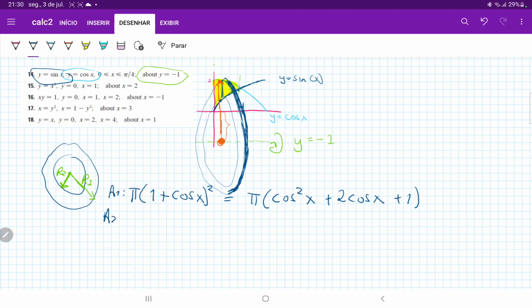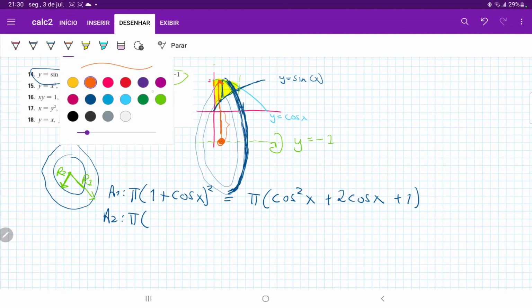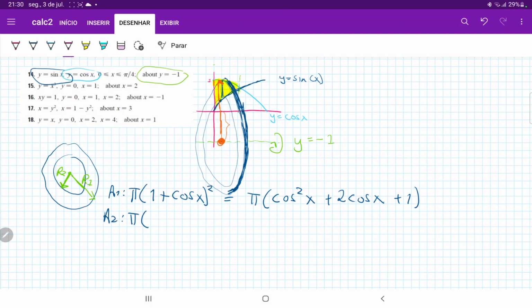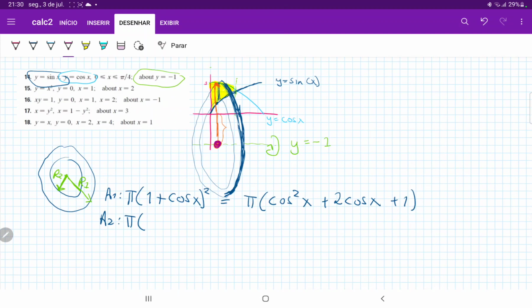And now we have A2, which is once more pi r squared, but now our radius goes from the center, but instead of going all the way up to cosine, it goes to the smallest part of our area. It goes to this blue curve, which is sine x. As we can see, our width goes from the biggest radius minus the smallest radius.